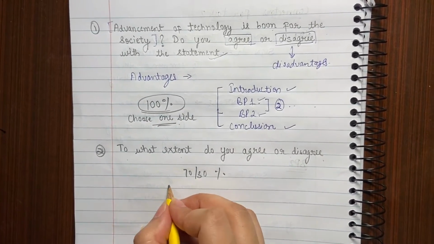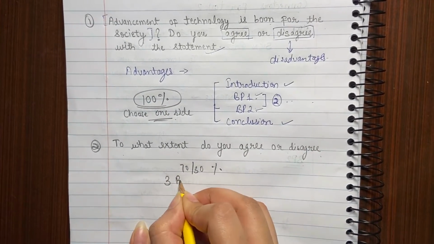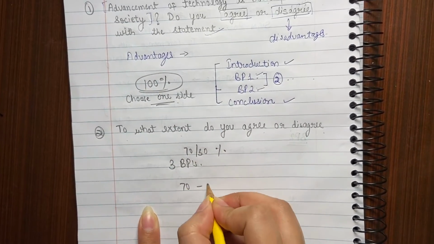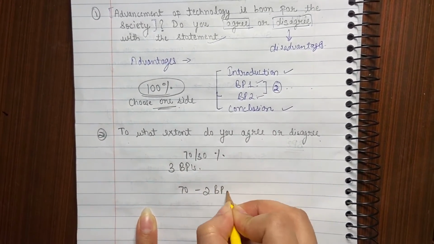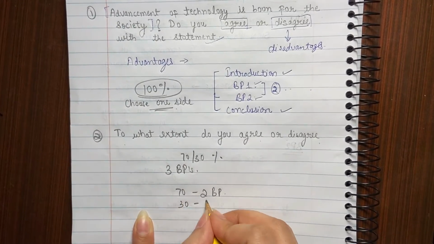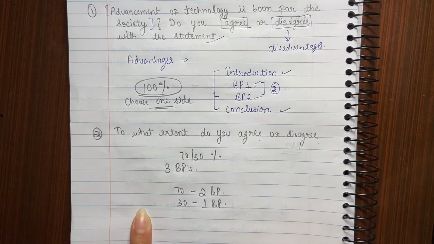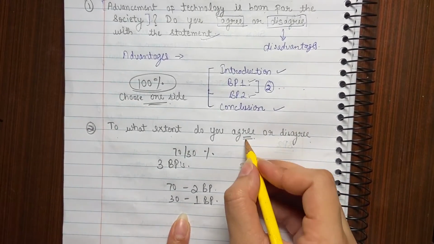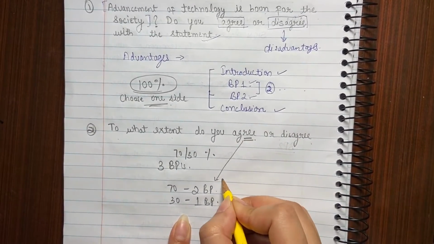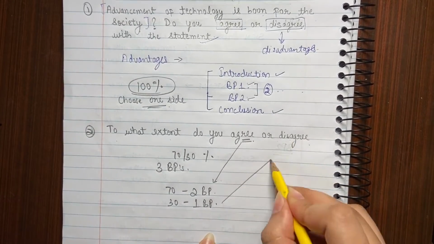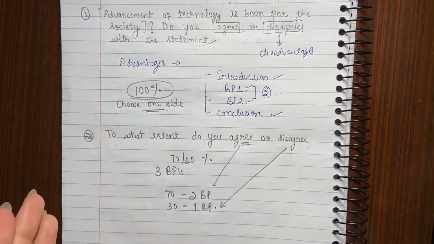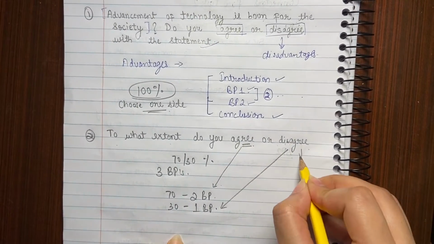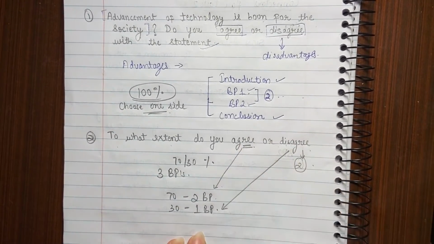In this essay, we will write 3 BPs. 70% will consist of 2 BPs and the remaining 30% will consist of 1 BP. If you agree with the statement, then you will write 2 BPs for that and the disagreement will consist of 1 BP. You can disagree as well, then you will write disagreement points more than the agreement points.